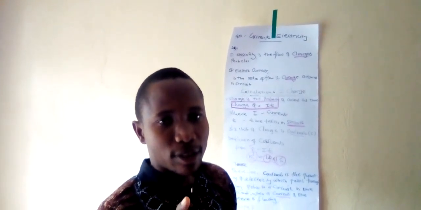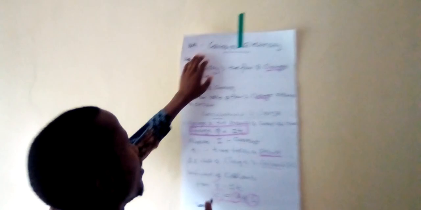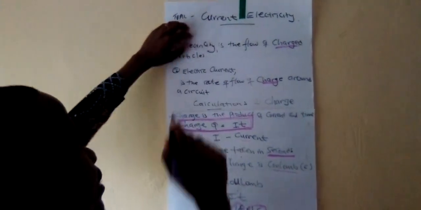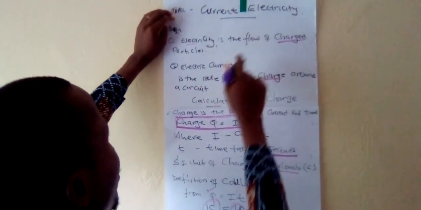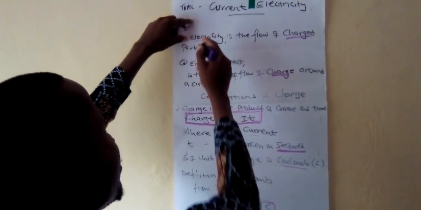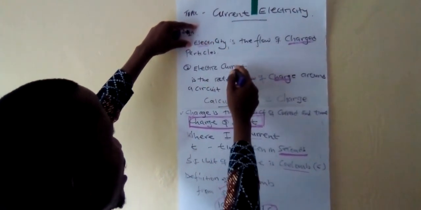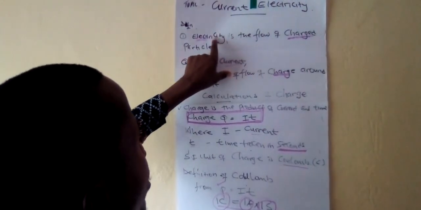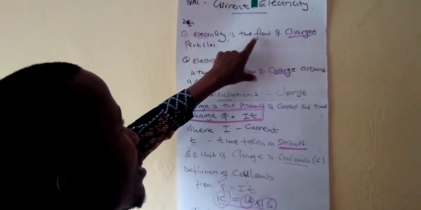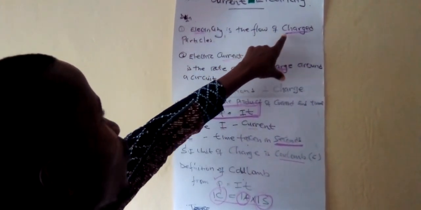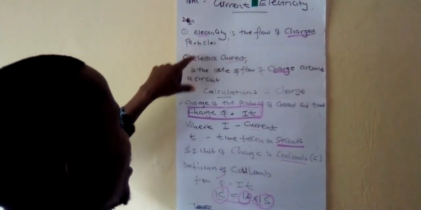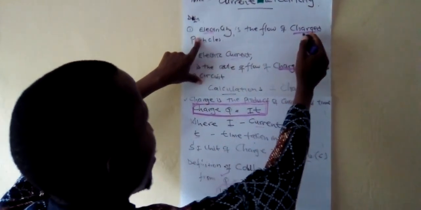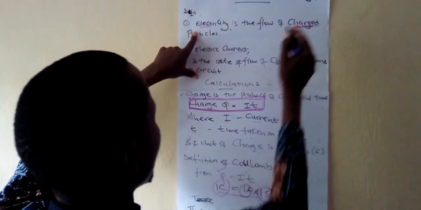I teach physics. Today's topic is current electricity. The keywords are electricity and current. Electricity is the flow of charged particles, and here the main word is charged.